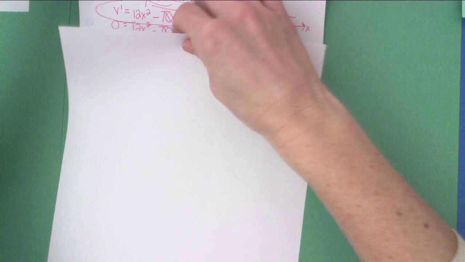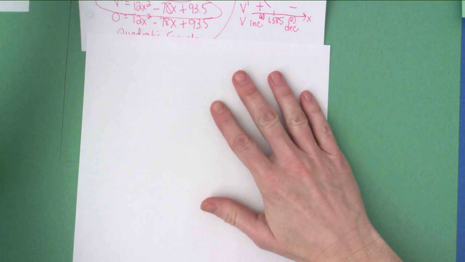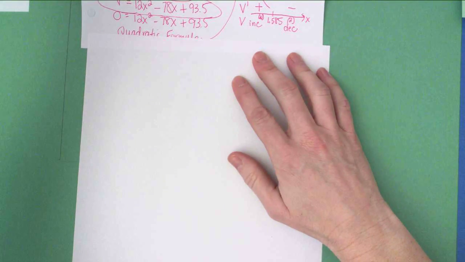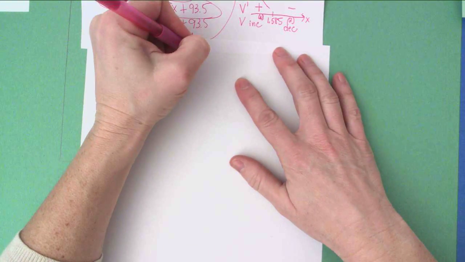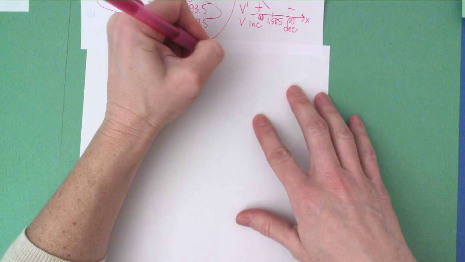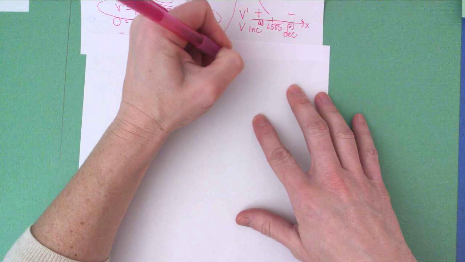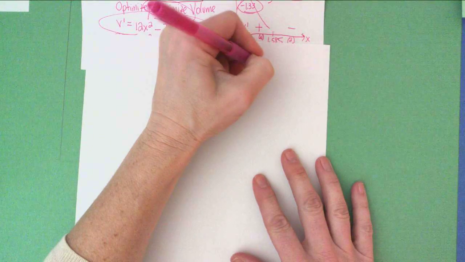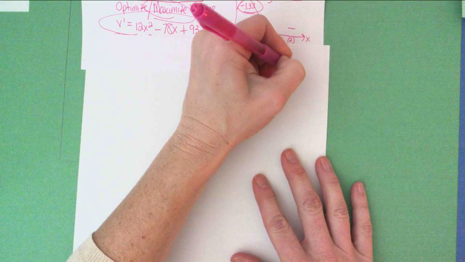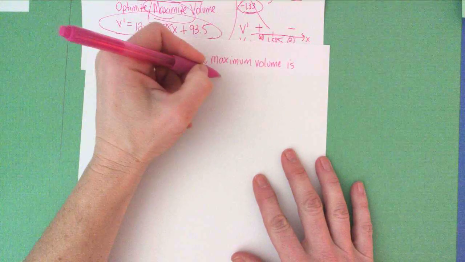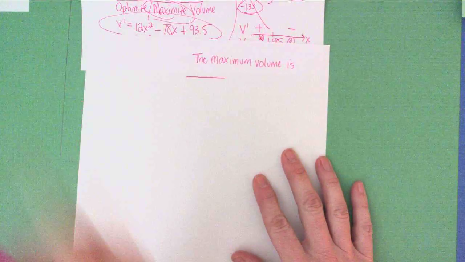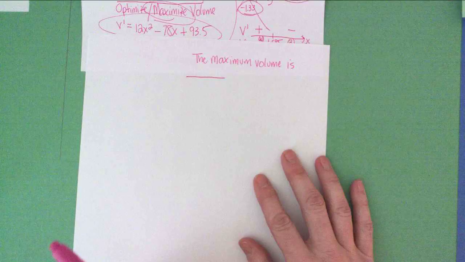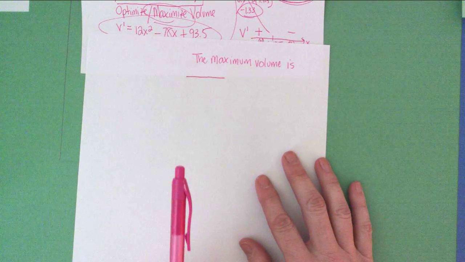I'm going to add on here. So I'm going to say the maximum volume is, for now I'm going to leave it blank because I really don't know the maximum volume yet. I know I have a maximum volume, but I don't know what it is yet.